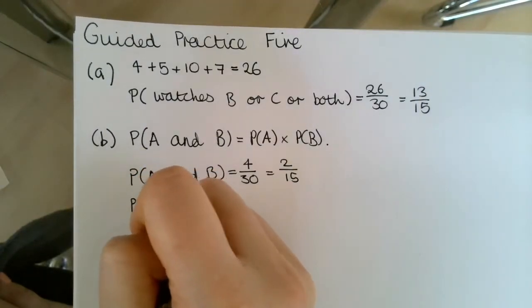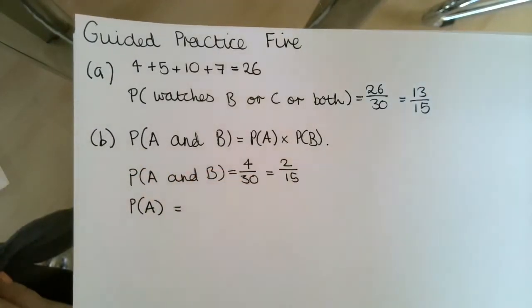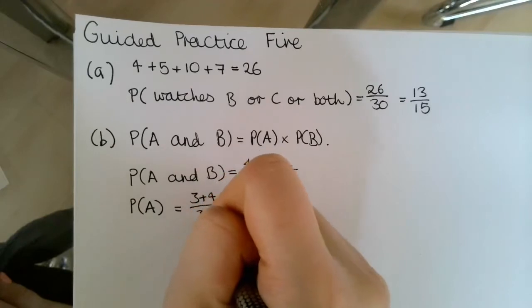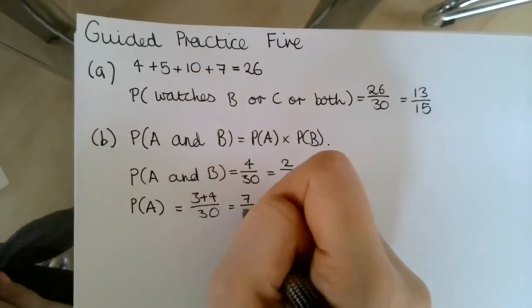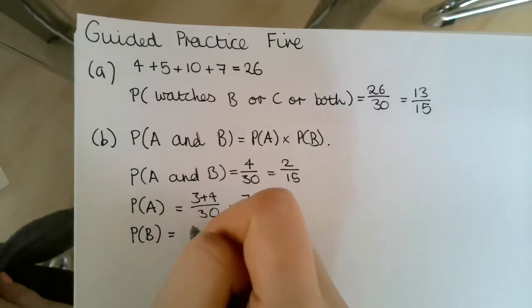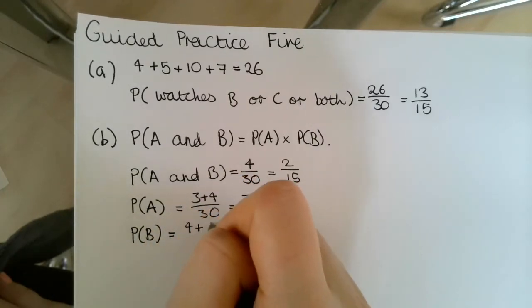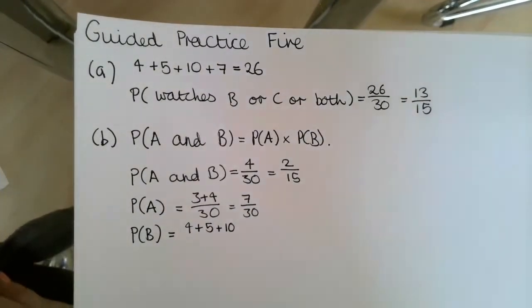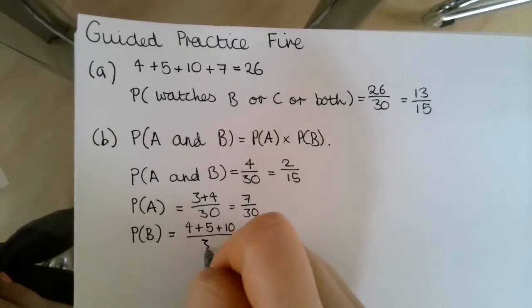The probability of A, that is the probability of being in the whole circle of A, so you've got 3 add 4, over 30, which is 7 over 30. The probability of B, we've got 4, add 5, add 10, because we've got that overlap with C and B, over 30.